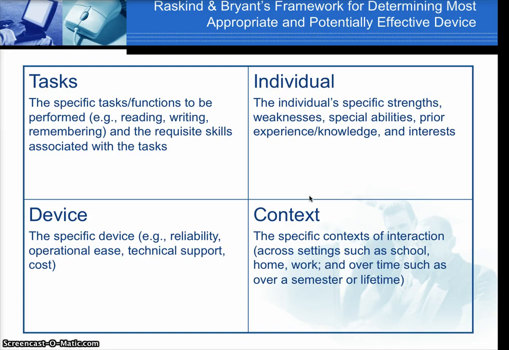So that's how well they're going to adapt to the technology and whether it's appropriate for them at all. Then we look at the device, so the specific device, the reliability, the operational ease, the technical support, cost, etc. And then finally the context, the specific context of interaction across settings such as school, home, work, and over such a time as a semester or a lifetime.